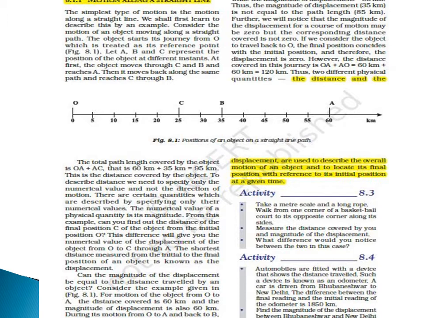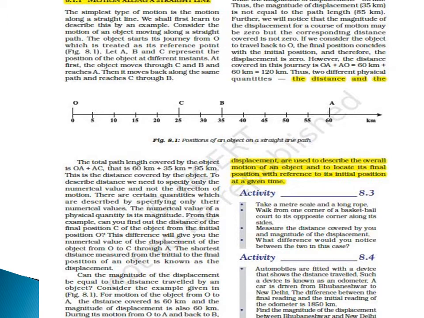Again, another important thing: suppose you have started your journey from home to school, and then again to home. So the distance will be two times the actual distance between the school and home, but the displacement will be 0.